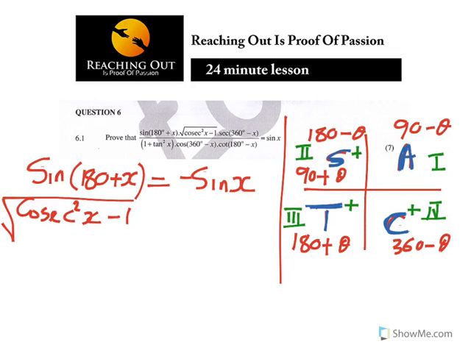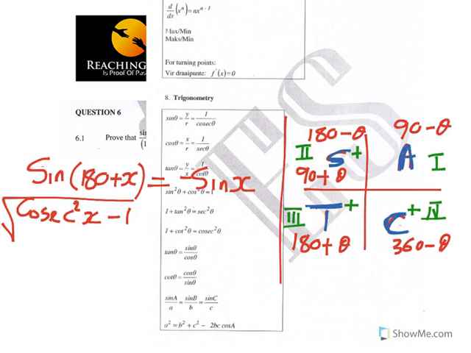Now I'm going to bring a formula quickly so that you can see something. These are the formulas I wanted to bring, and the most important formula in this case is this particular formula, which says 1 plus cot squared theta is equal to cosec squared theta. So now if you look at that formula carefully, we will write using that same formula.